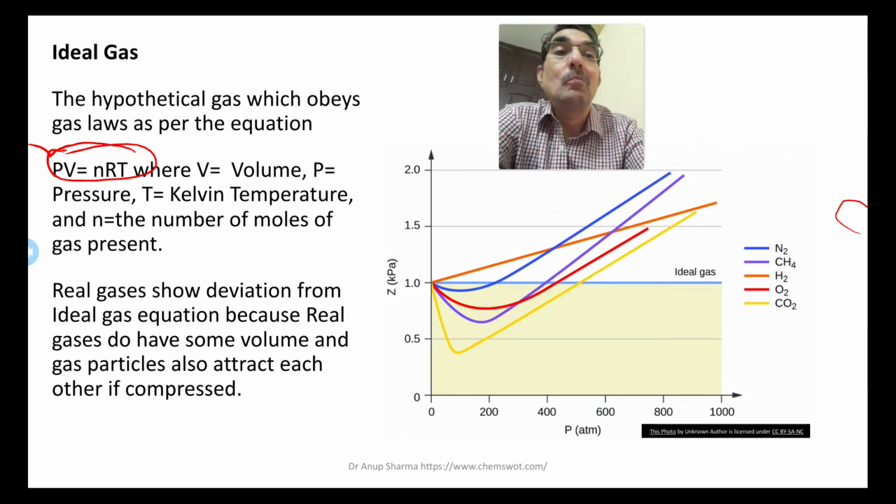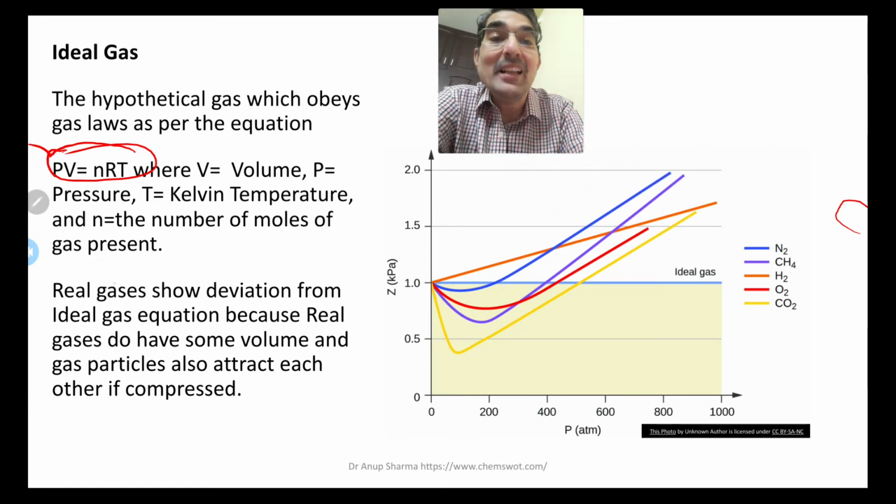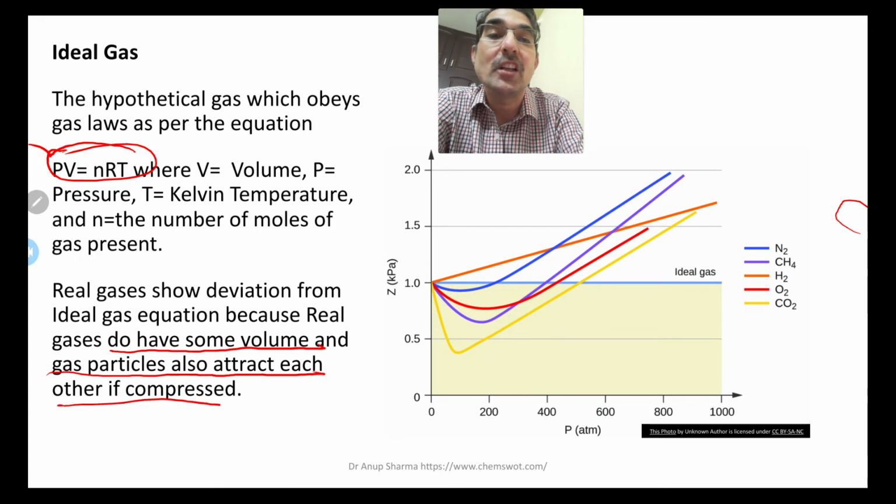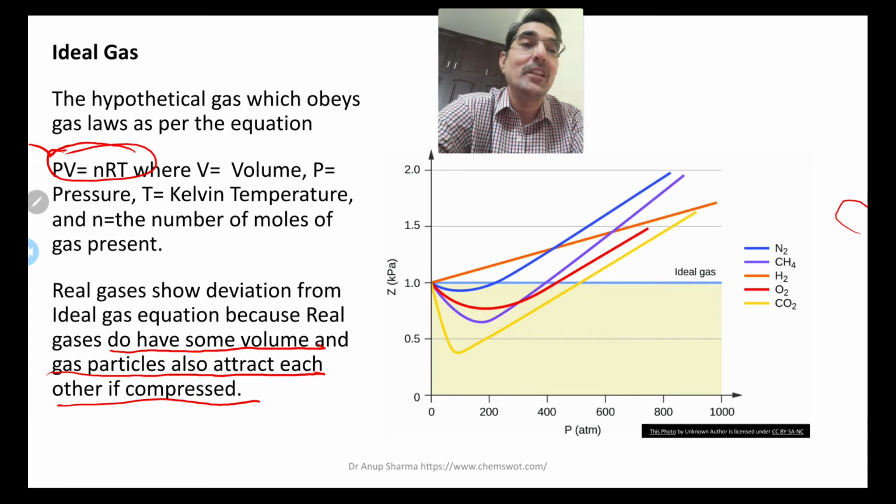Now moving further, real gases, as I told you, like carbon dioxide, nitrogen, hydrogen, helium, argon, all these are real gases, but they are not ideal. So real gases show deviation from the ideal gas equation, because real gases do have some volume and gas particles also attract each other if compressed, which is unlike the ideal gas theory or ideal gas equation.